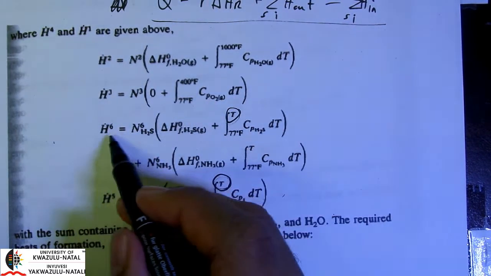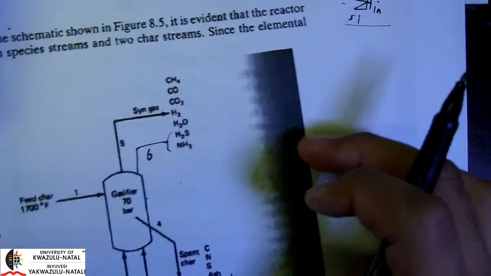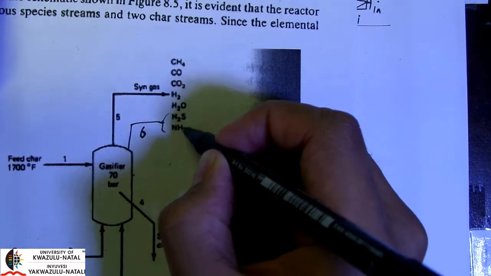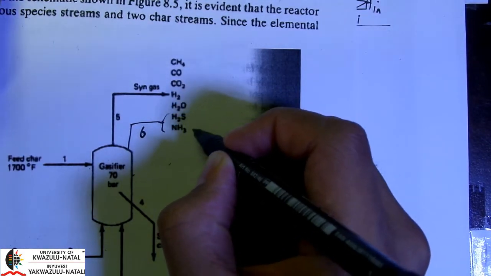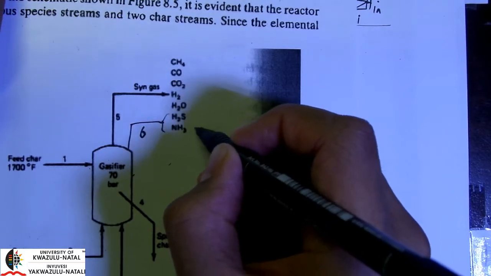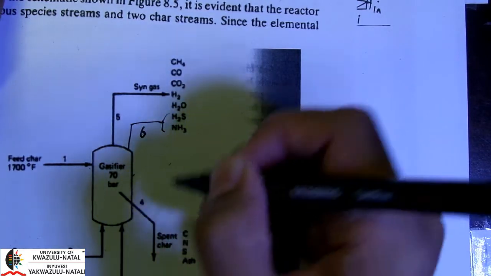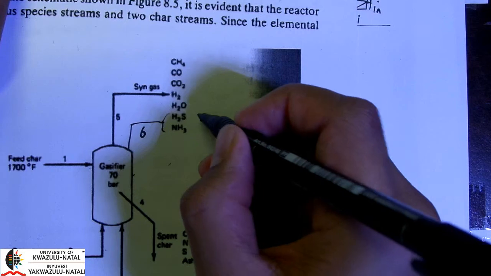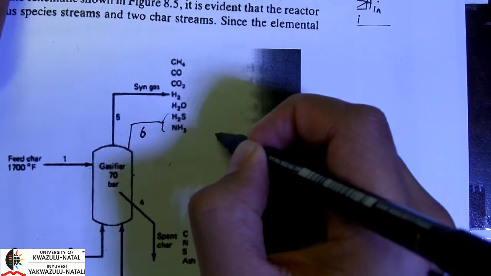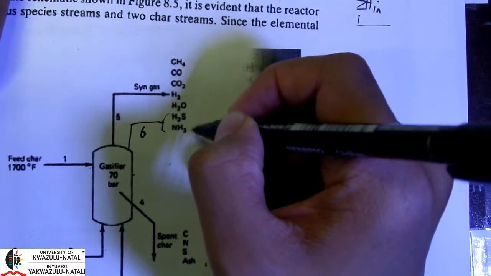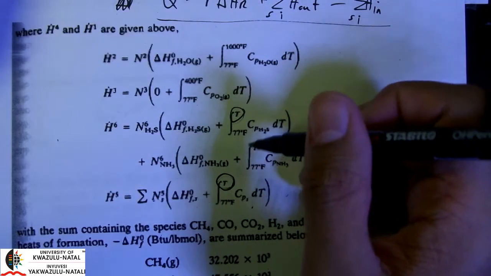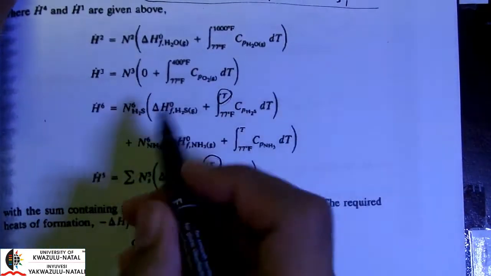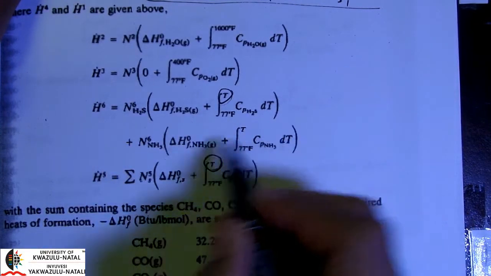In terms of stream 6, my fictitious stream 6, we have two components. So we need to look at the molar flow rates of H2S and NH3. We need to retrieve the heat of formation of H2S and NH3, as well as the heat capacities. Okay, so that's marginally more tedious, but here it is expressed as follows.